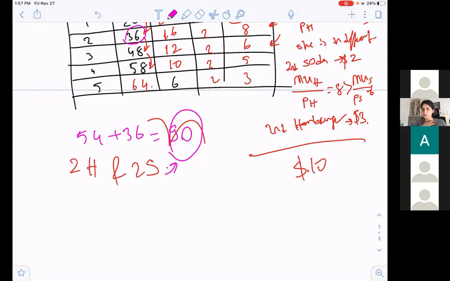So the consumer can buy more armut because she's substituting elma with armut because it is cheaper. She wants to consume fruit somehow, and since armut is relatively cheaper, she is consuming more armut. So this is called the substitution effect.